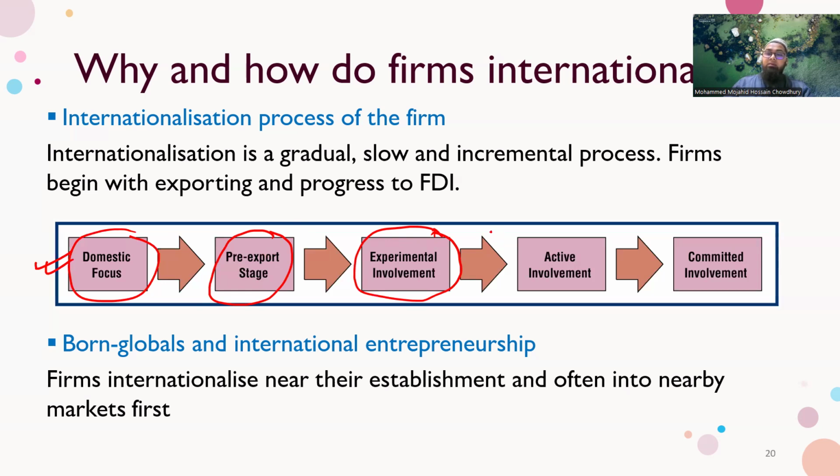They have a ground study, and they establish very huge involvement. So it's called active, and this is the prime decision. And then finally they come up with foreign direct investment, starting their own venture in the outside country. So it's like committed involvement.